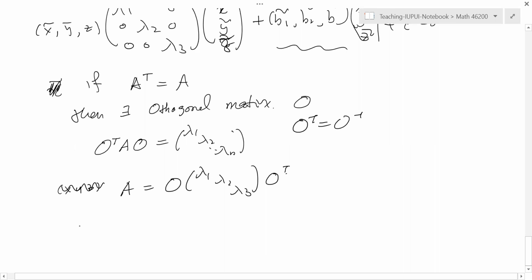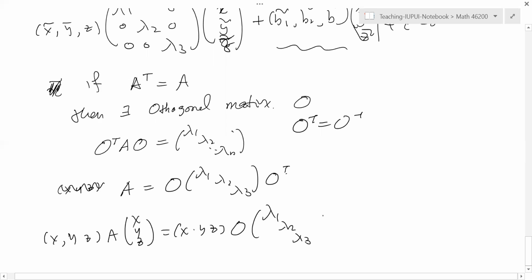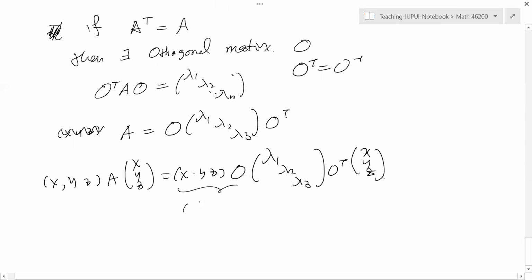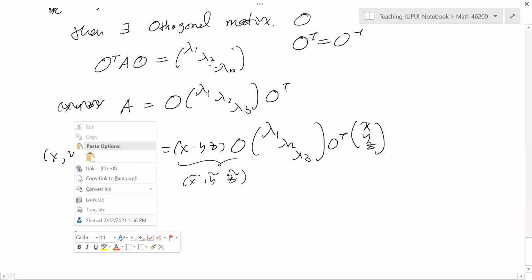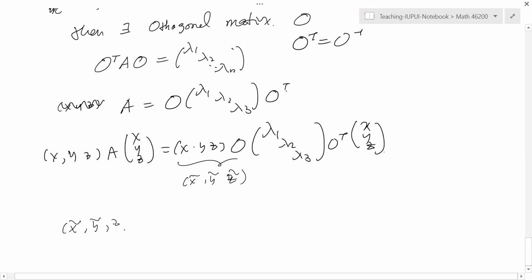So that's why X, Y, Z, and here X, Y, Z, and you replace by O, lambda 1, lambda 2, lambda 3, and here O transpose X, Y, Z. So this part is just called X tilde, Y tilde, Z tilde. That's all you need, okay? So your X tilde, Y tilde, Z tilde is obtained using this O. Okay.